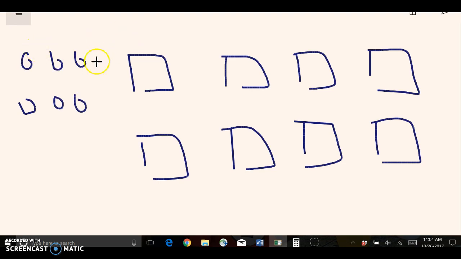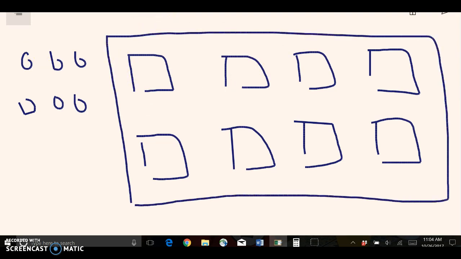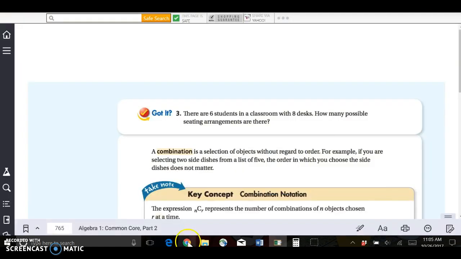And so these desks in my classroom are the things that I'm looking at. So these are the objects that I'm arranging. And I have 6 students to fill these desks in so many different ways. So my objects that I'm filling are the desks, so my n would be the 8. And then I have 6 ways to fill them because I only have 6 students. I hope that made sense.